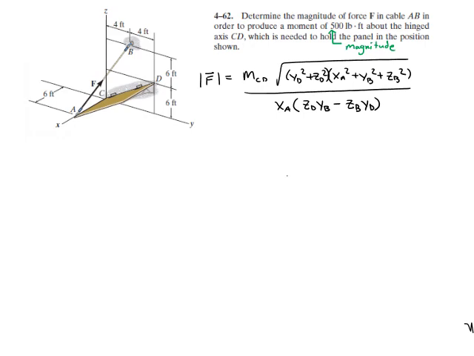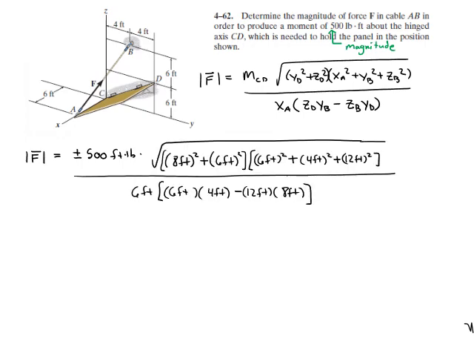So we'll have F equals plus or minus 500 foot-pounds. And then I have to plug in all the numbers for the rest. I just read those from the graph, and let's simplify it and plug it into the calculator.